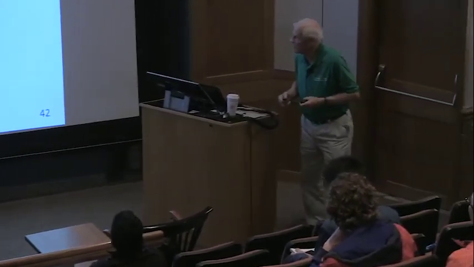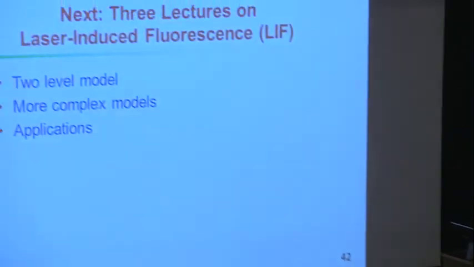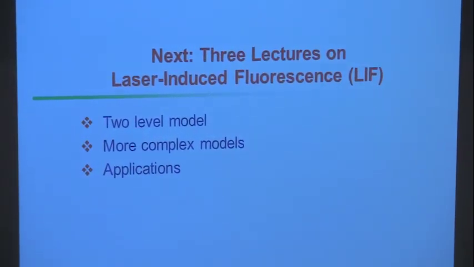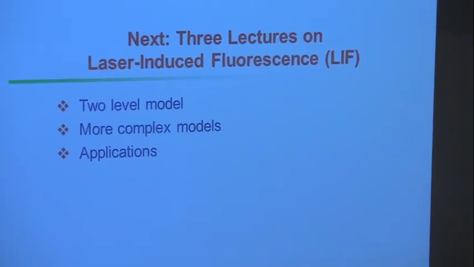Absorption is my thing. But what about fluorescence? If you want to do imaging of gases, we have to go to fluorescence. If you want spatial resolution, you might ask, how can I ever study turbulent combustion? It's hard to use line of sight absorption. But fluorescence is absorption followed by emission.